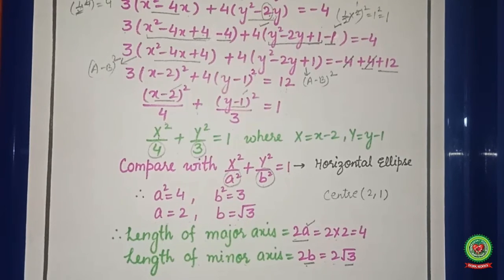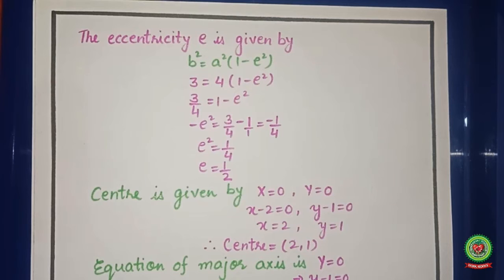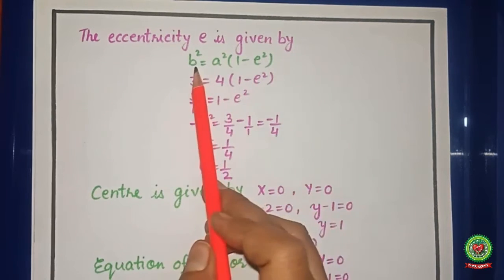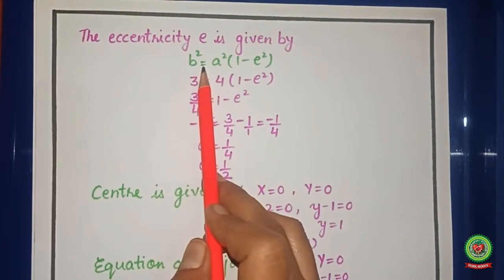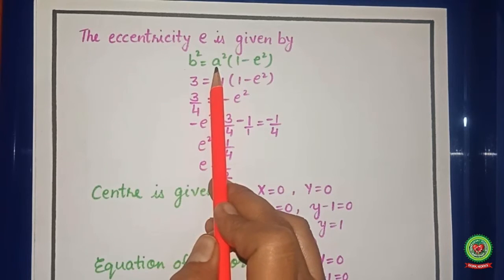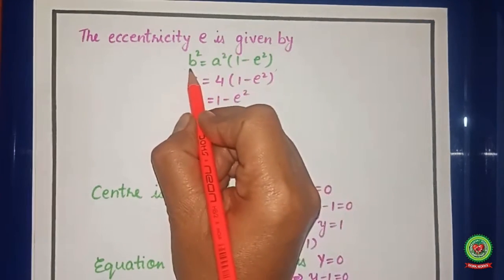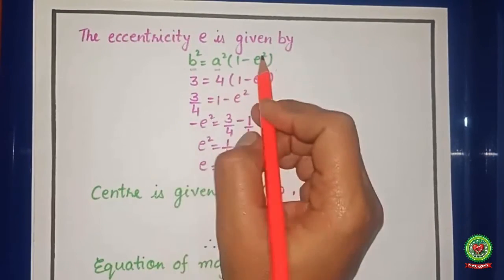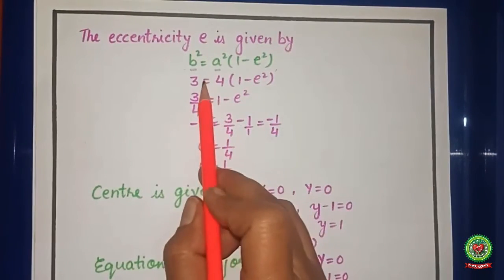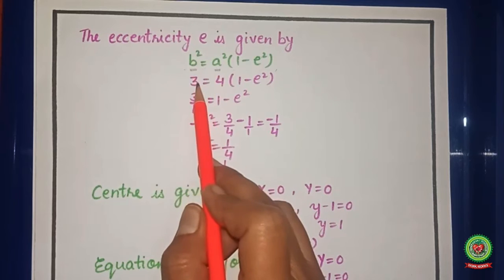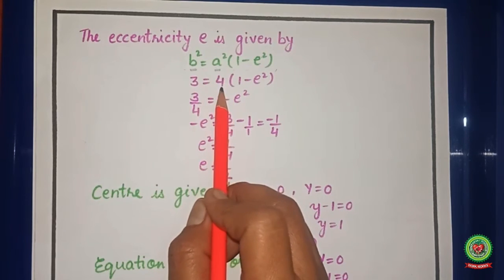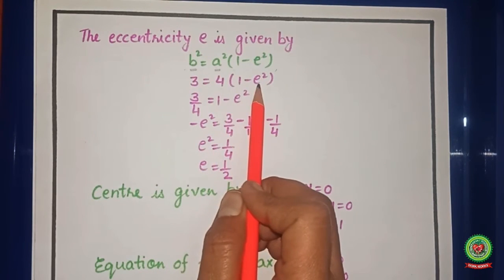Now, next is eccentricity. The eccentricity of the ellipse is given by b square is equal to a square into 1 minus e square. Now, here put the values of b and a, and we will get the value of e from here. So, b square will become 3, a square is 4, into 1 minus e square.